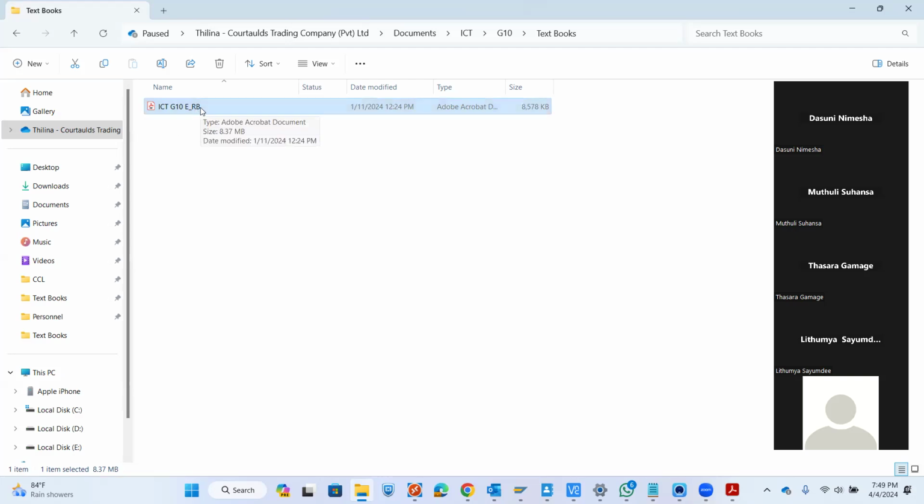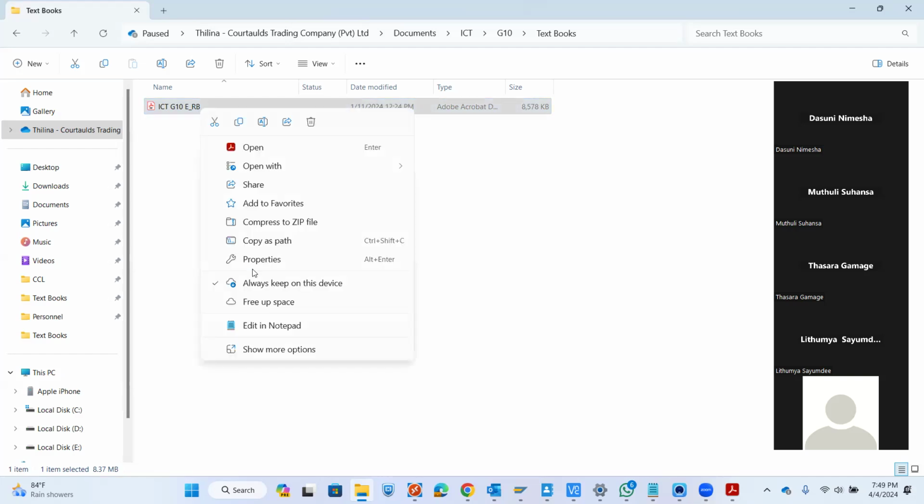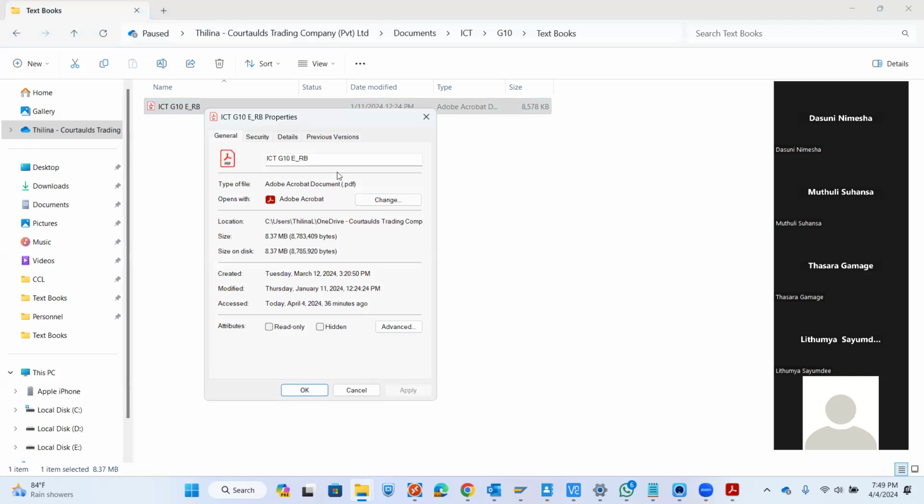And if you want to see the details, just right click the file and get the properties. These are file properties, these are additional things I was talking about. See, the file name is here and the icon is here. See the application we use to open that file, it's Adobe Acrobat.